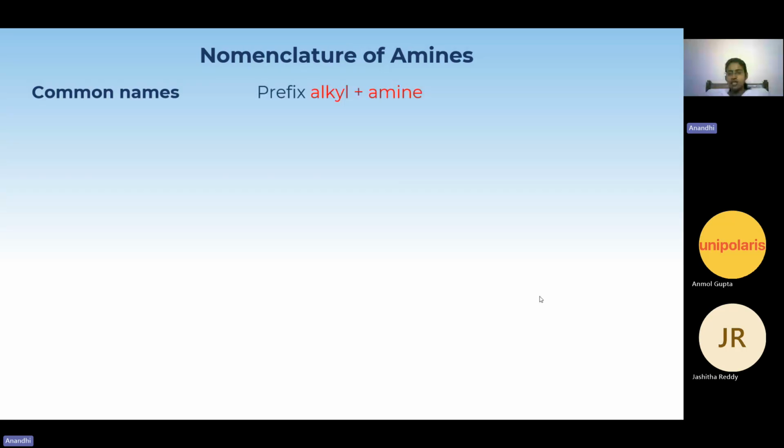So the prefix should be alkyl and the suffix is amine. For example, if I have a 2-carbon alkyl group, it is called ethyl. So what should be the name of this amine? Ethyl amine.